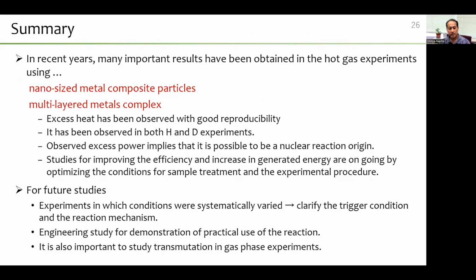Okay, let me summarize. In recent years, many important results have been obtained in the hot gas experiments using nano-sized metal composite particles and using multi-layered metal complexes.